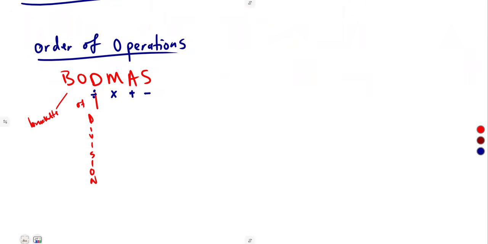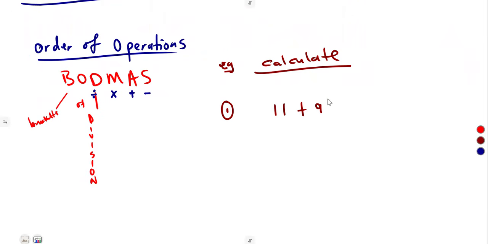just calculate. Like for an example, calculate. All right, let's just put an example here. Calculate first one, 11 plus 9, plus 32, like this. So using the BODMAS concept, we have brackets.